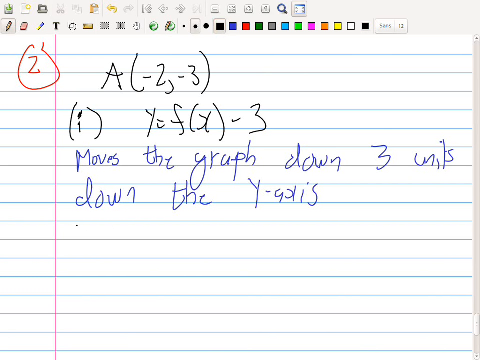Can we find out this answer by using the calculator and drawing the graph? You could. The problem is he doesn't tell you what f(x) is. He only tells you a point on it.